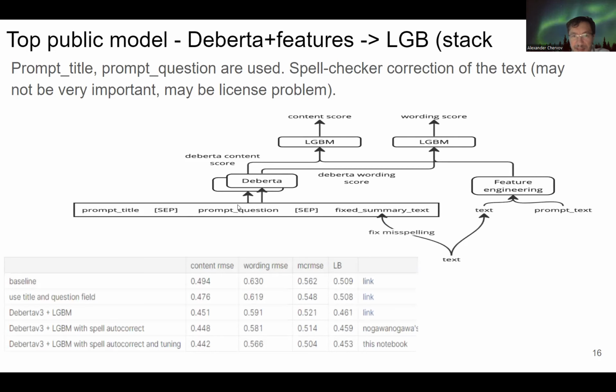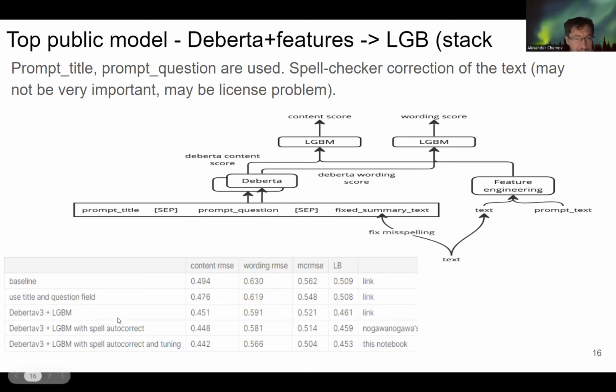So first you train DeBERTa on text. You take these features and you put everything into LightGBM. And it predicts your volume score, and the same for the content score. You take DeBERTa predictions and you take features, and so this is a kind of stacking. Is the idea clear? Yeah, the main point is clear.